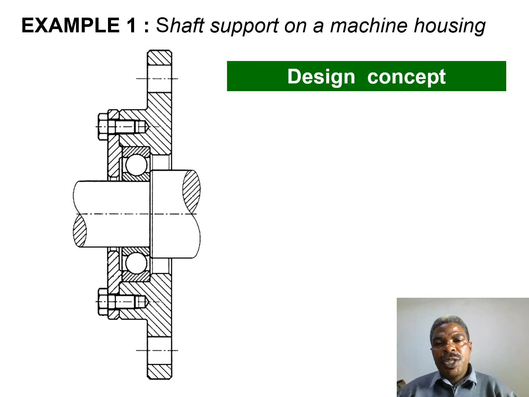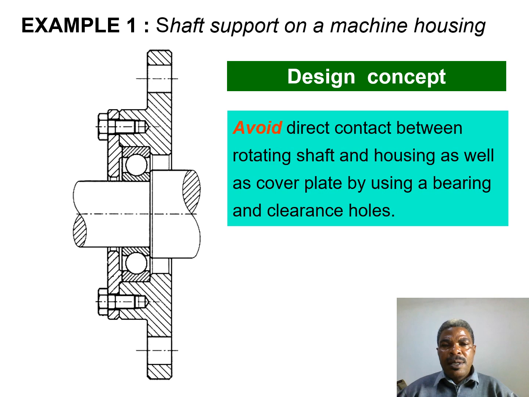For the design concept, you have to avoid direct contact between the rotating shaft and the housing, as well as the cover plate, by using a bearing and a clearance hole. This concept should be borne in mind when you are designing such a component.